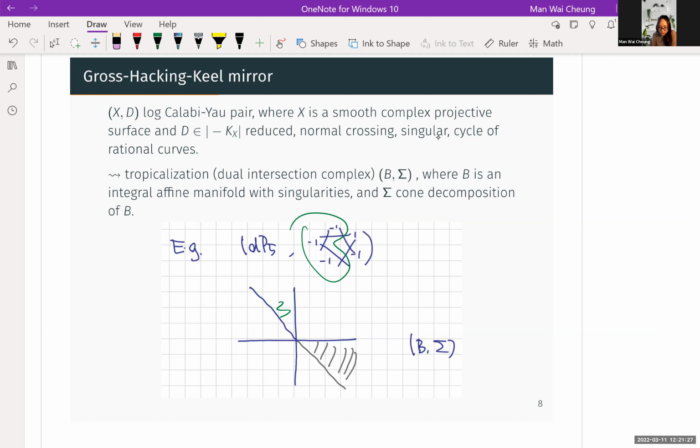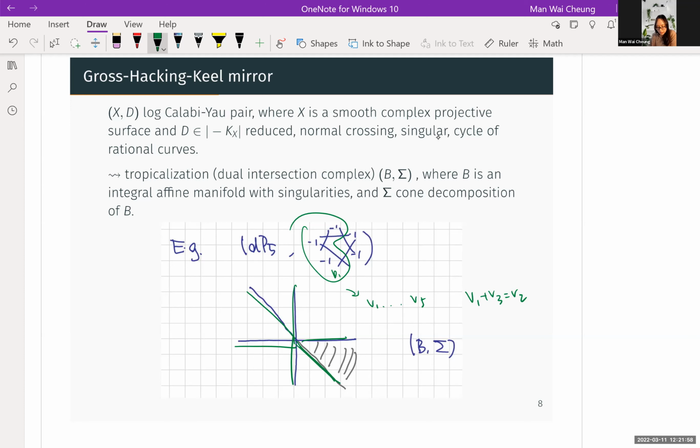In this case, we have five rays. We have D1 to D5 associated to V1 to V5, and the relation here is V1 plus V3 is V2. So that's why we can draw this cone decomposition by an algorithm.